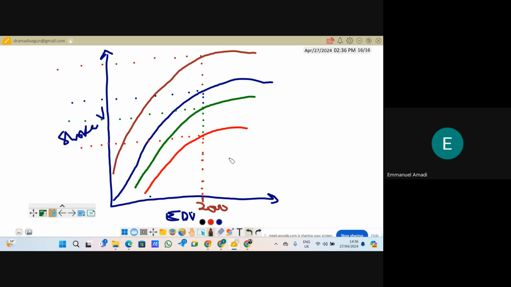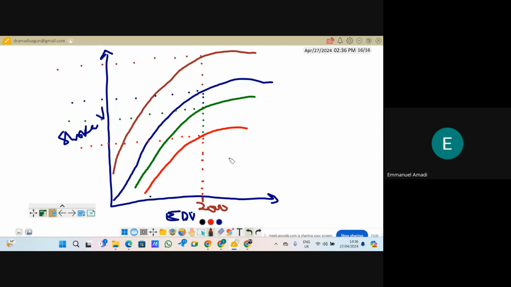Now, what you need to understand is that this graph tells you that at the same end diastolic volume, these four curves have different stroke volume. What are the two things that affect stroke volume? Ask yourself that. The two things that affect stroke volume are simple: contractility and your preload. Your preload is the same thing as end diastolic volume.